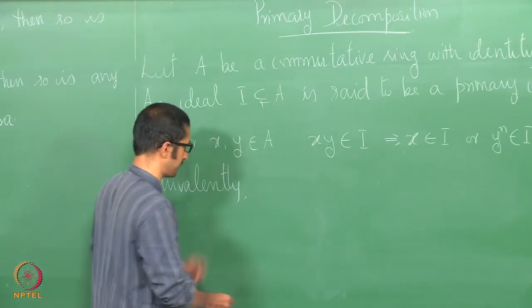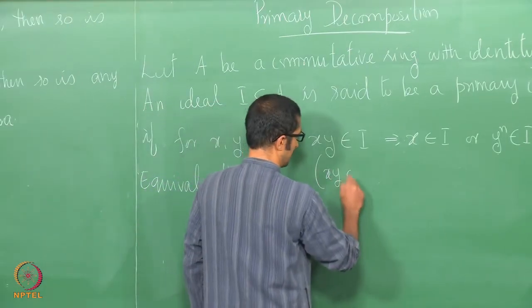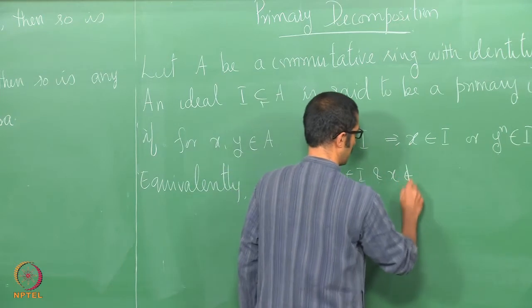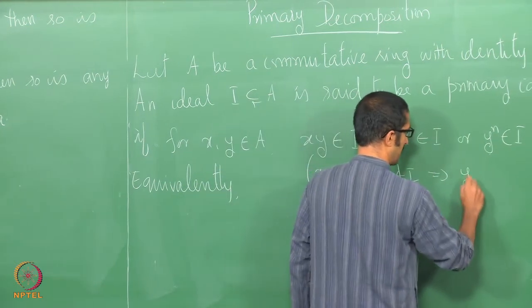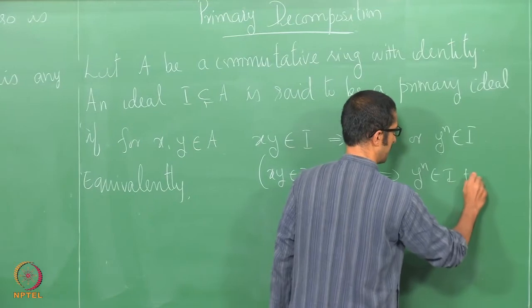If I assume that xy is in I and x is not in I, this implies y power n is in I for some n.